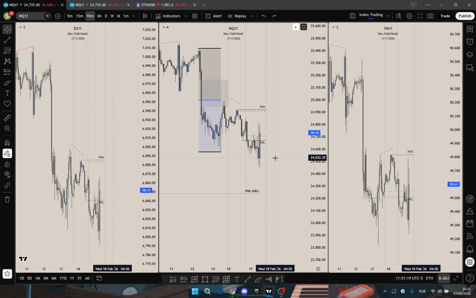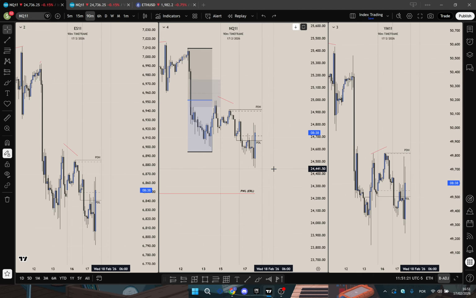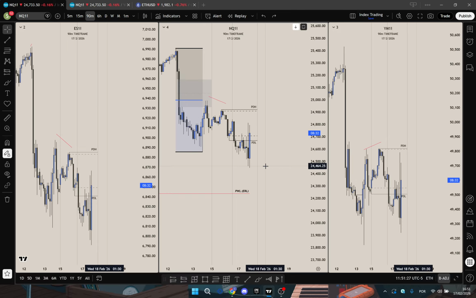But because I didn't have any entry model or any valid setup, I didn't take any trade. And that's a very important lesson: you can have a strong conviction that the market is going someplace, but unless your setup or your model presents itself, you can't really execute on it.